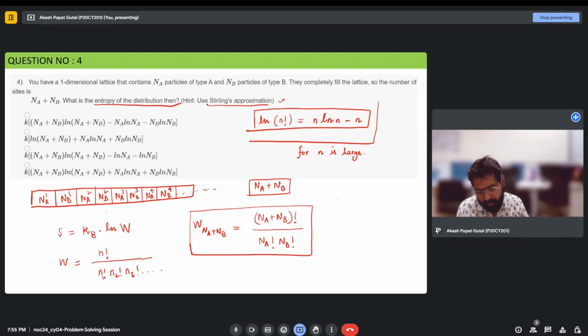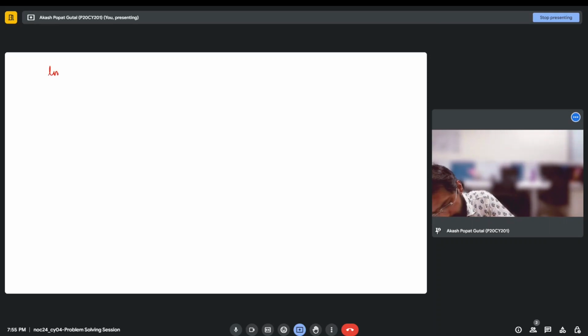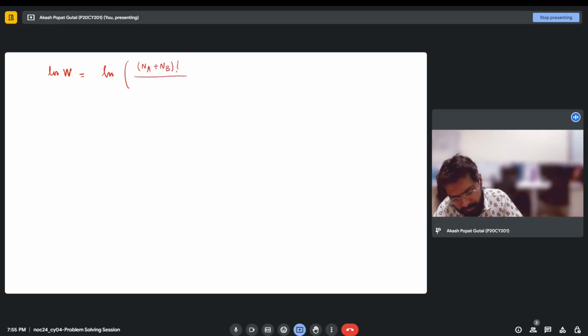So we need to calculate ln W, the natural log of the number of microstates. There we will use the Stirling approximation. Fine. So ln W is the natural log of Na plus Nb factorial divided by Na factorial and Nb factorial.